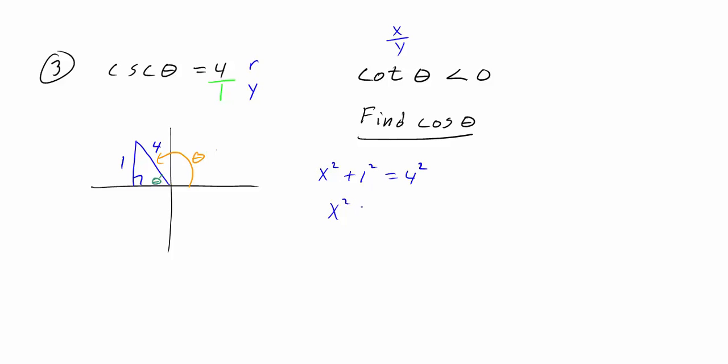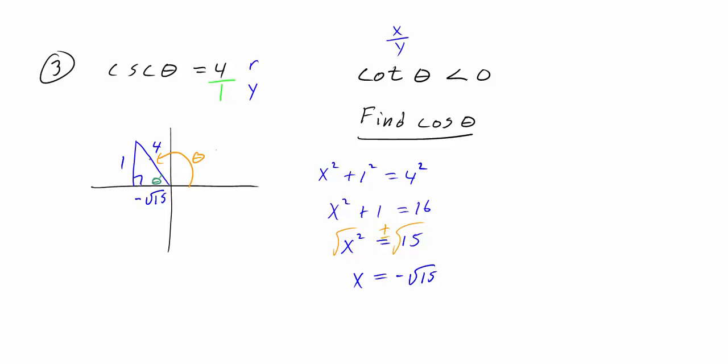So x squared plus 1 equals 16. x squared is equal to 15. And once again, when we take the square root, it's plus or minus. And you determine, is it going to be positive or negative square root of 15? Well, once again, if we look at the picture, we know we're going to the left, so it has to be a negative square root of 15.